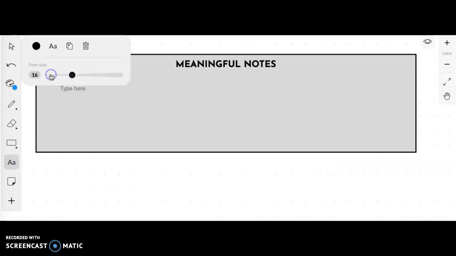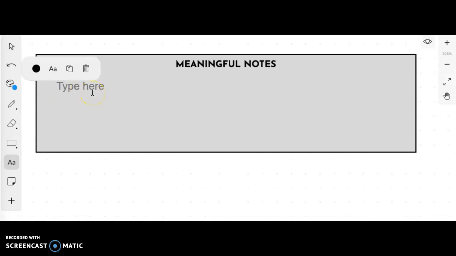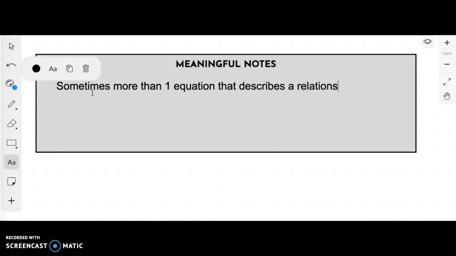So we just talked about when it's an option that you have more than one equation, when each would be best. So sometimes there's more than one equation that describes a relationship. And we've been talking about that for about a week, that you can have something different than your neighbor and still have the meaning correct.